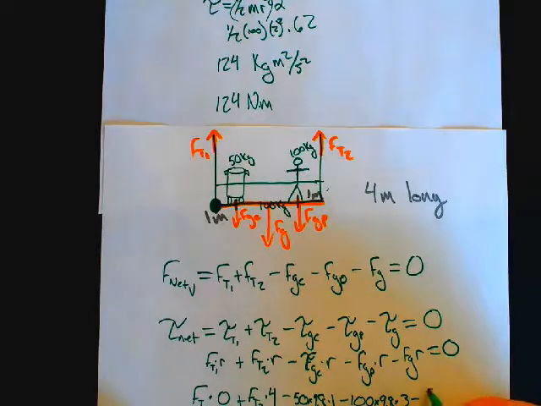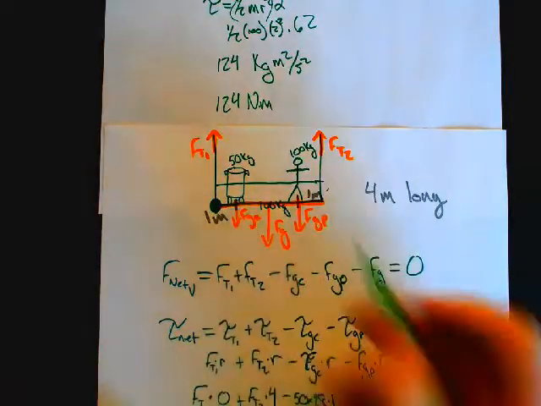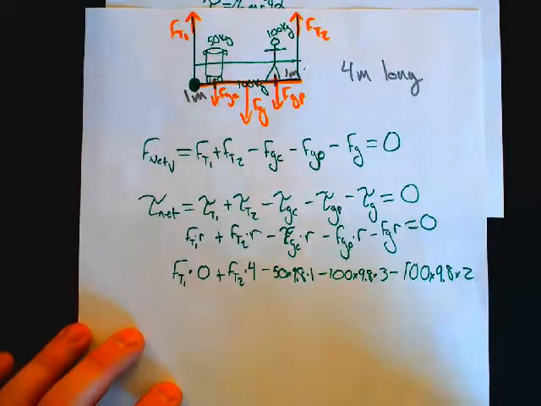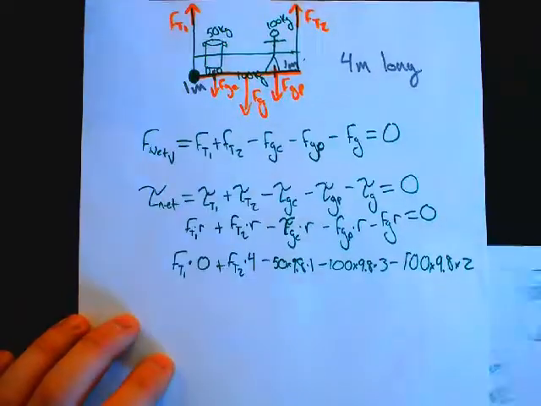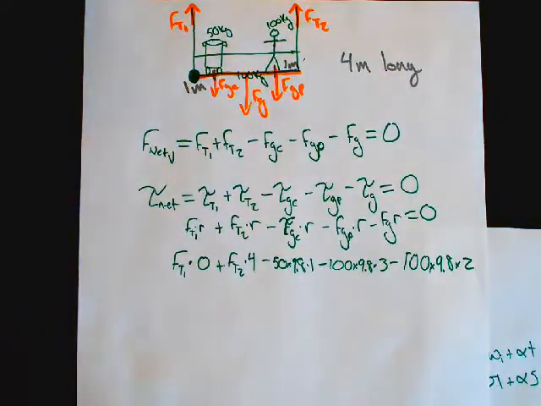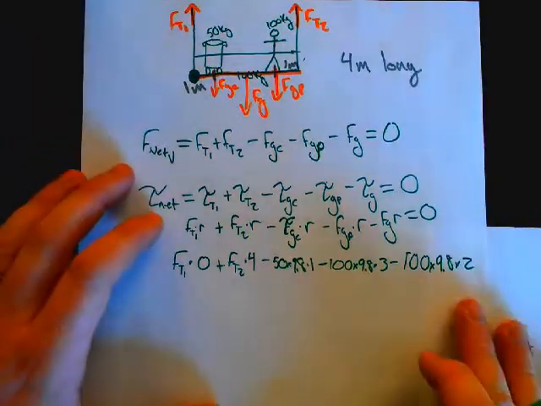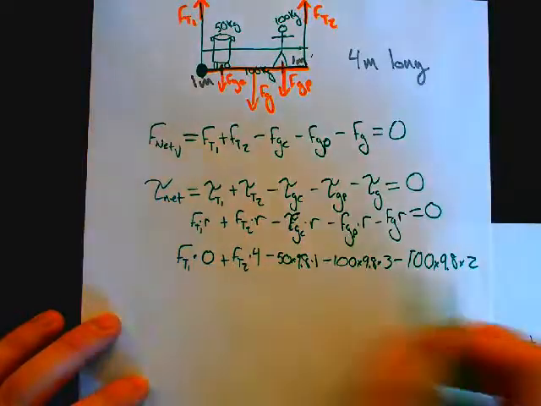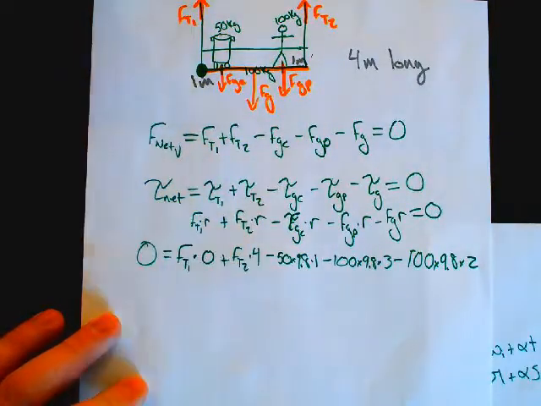Minus force gravity of the scaffold itself, 100 times 9.8 times what radius? In the middle, so 2. This has to, as a sum, be equal to 0.